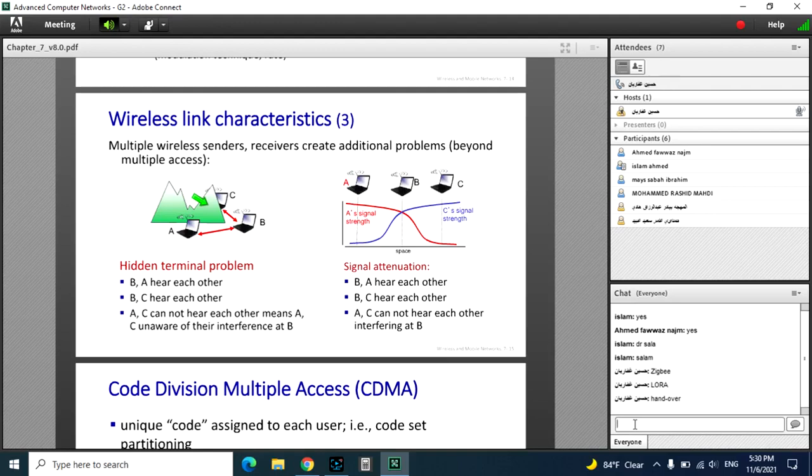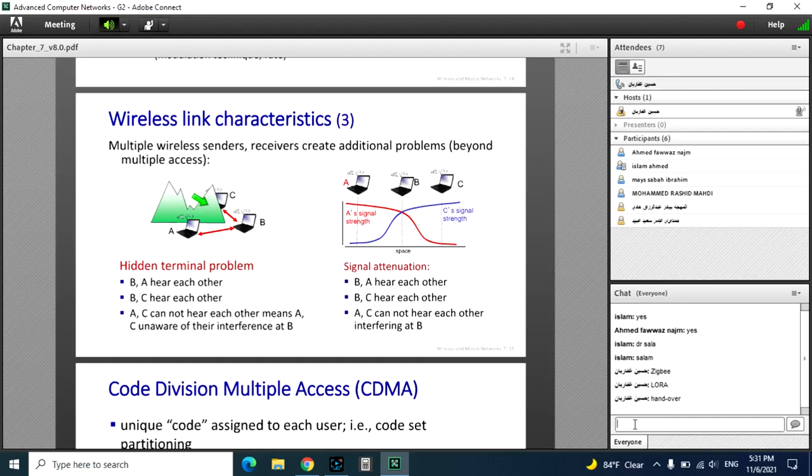And what is the problem? The problem here is that A and C cannot see each other, so maybe they decide to send information to B at the same time. And as I said, if I send information at the same time, the receiver will receive a summation of those signals, which means that the received signal is corrupted. Here we call it the hidden terminal problem or hidden node problem.